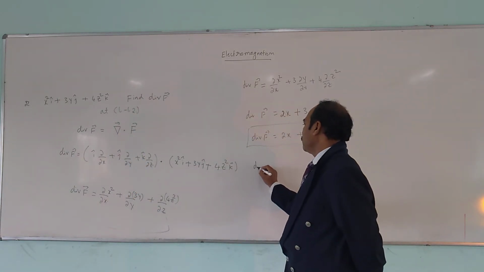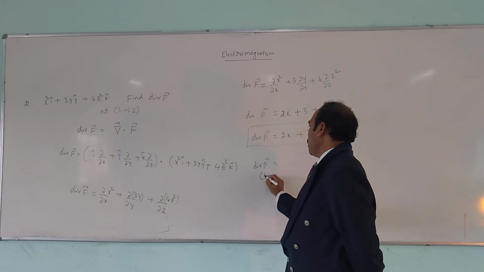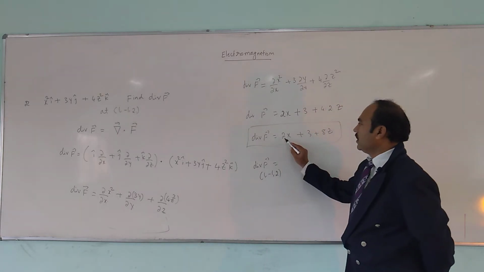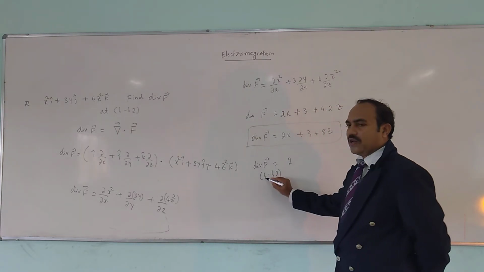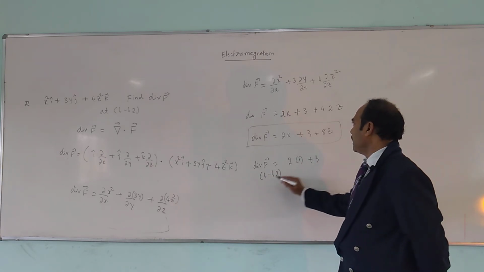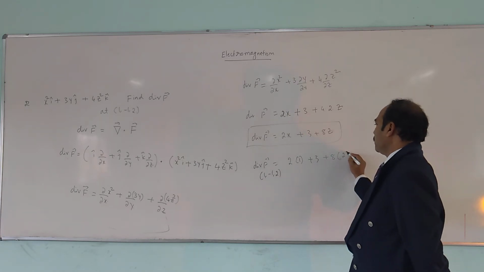One more additional step: div f at 1 comma minus 1 comma 2 is equal to 2 into the value of x, which is 1, there is no y term, plus 8 into the value of z, which is 2.